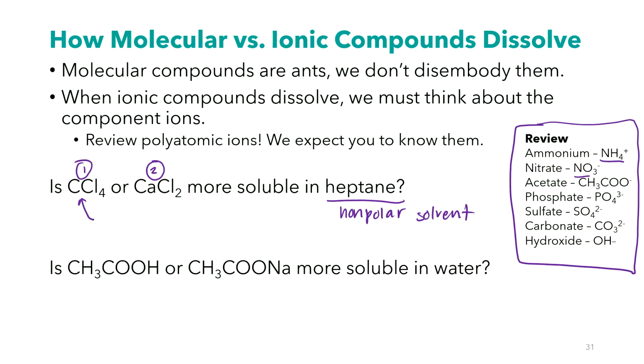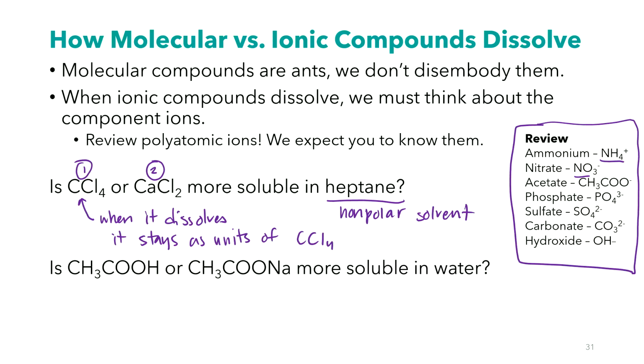When it dissolves, let's remind ourselves, it stays as units of CCl4. It doesn't become like 4 Cl minus and C4 plus, right? That's not how that works. That stays as CCl4, our covalent molecule that's neutral. Okay, that's what we're looking at.